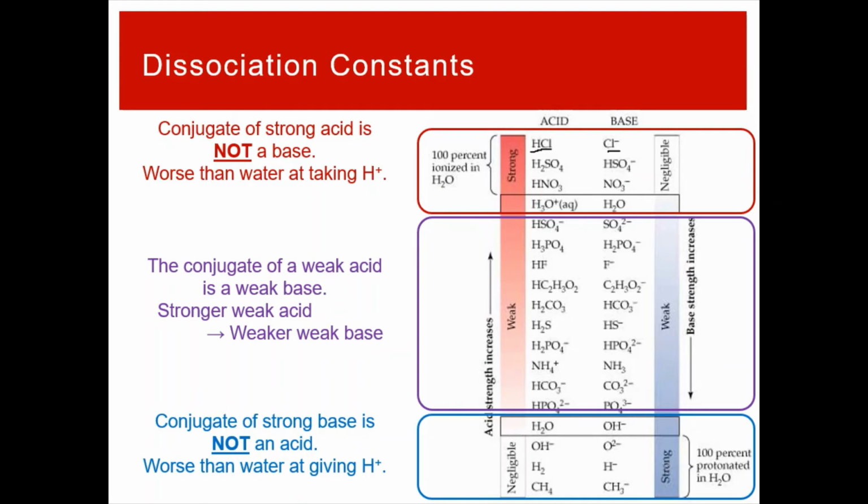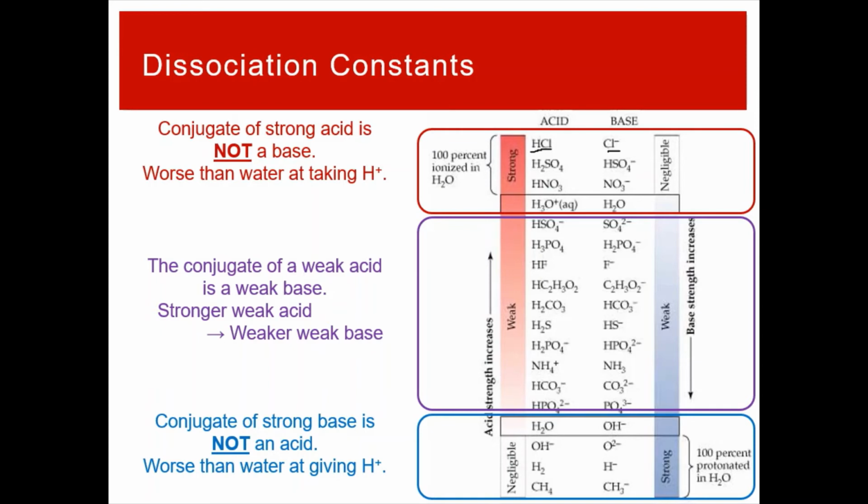That means functionally, when it gets dissolved into water, it cannot produce any hydroxides. It cannot change the pH, right? It can't do anything. At the same time, for a strong base, its conjugate is not an acid. So if you have something that's very strong, its conjugate is incapable of doing acid-base chemistry.